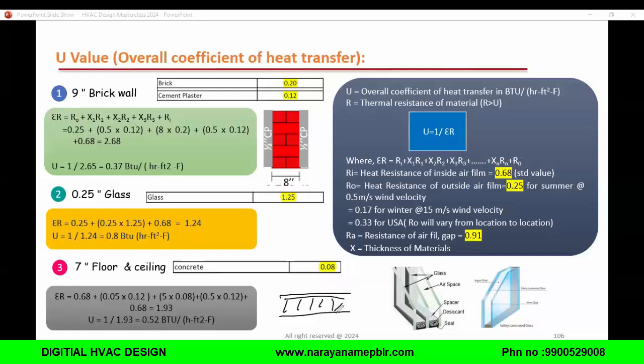You have different layers, correct? Here the same layers are given: the thickness of this 7-inch floor means 5 inch of concrete and 1 inch of some plaster. So all the values are taken here: 0.5, 0.5, this is 5. So you add, you will get this. Same way you have to verify for others.